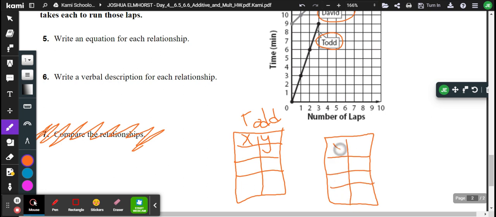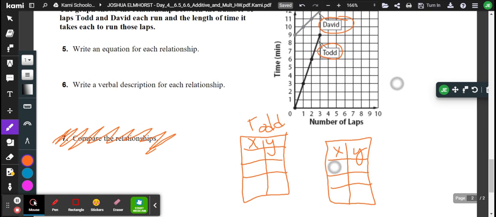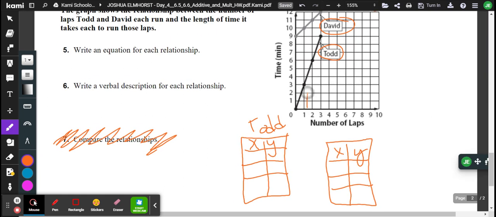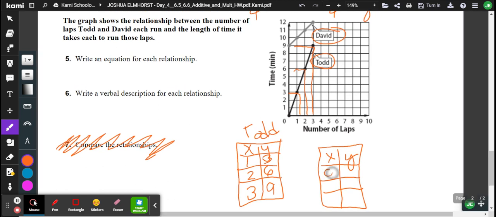Create an input-output table, and then compare, finding the rules within the table. So Todd has 1, 3, 2, 6, 3, 9. And David is 0, 9, 1, 10, 2, 11.